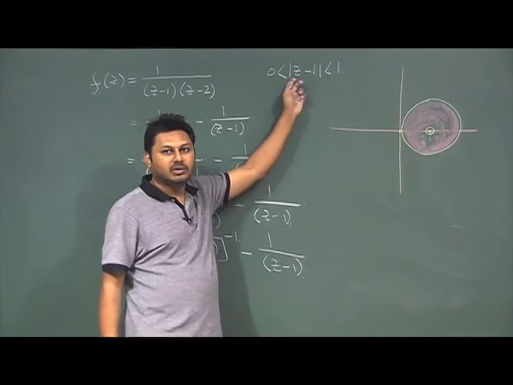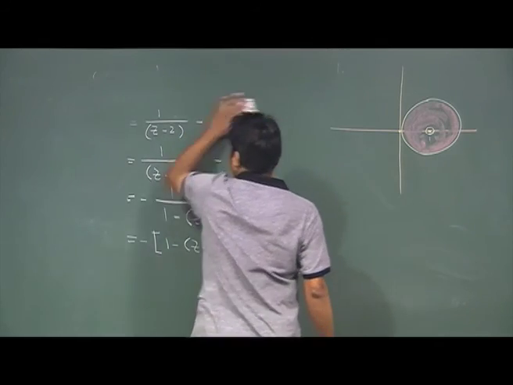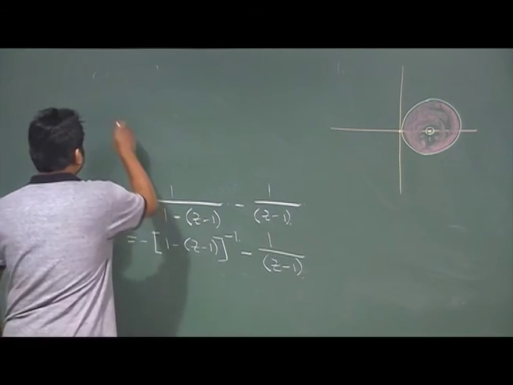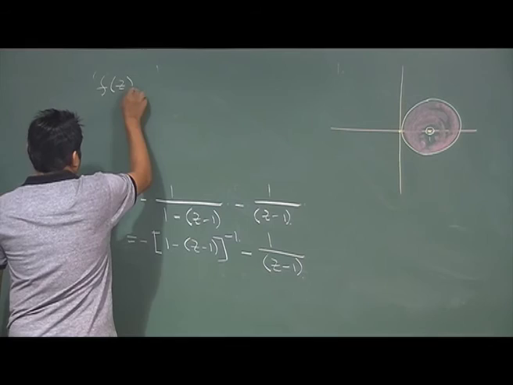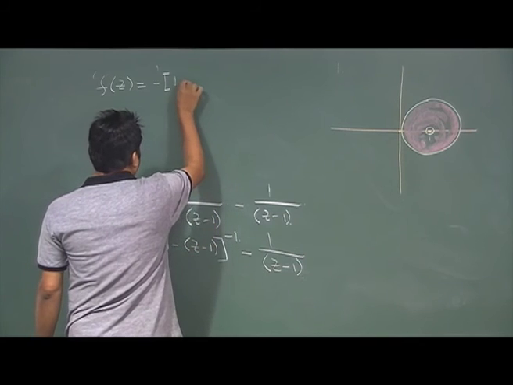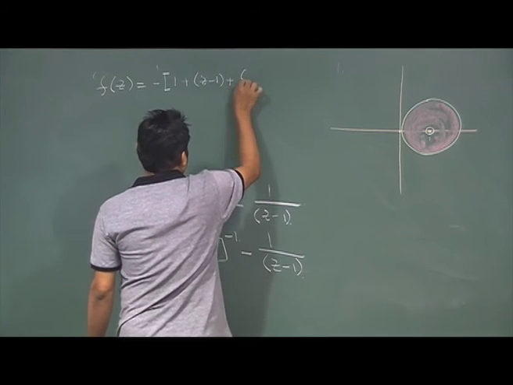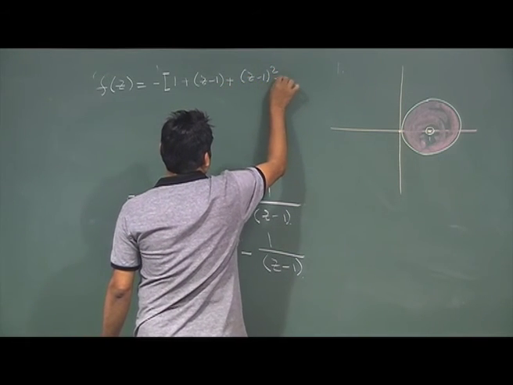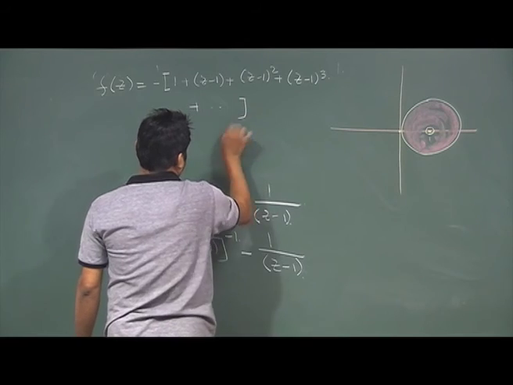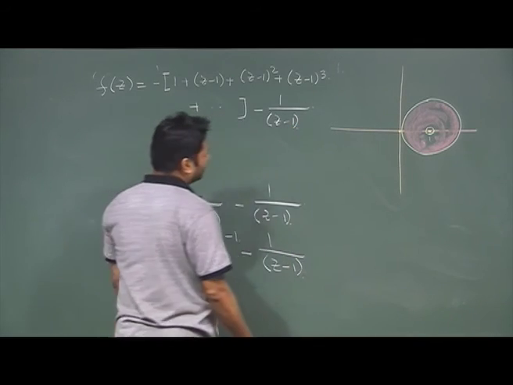This is the condition I already have, and now this function will be something like this: f of z will be minus of 1 plus z minus 1 plus z minus 1 square plus z minus 1 cube and so on, times 1 by z minus 1.